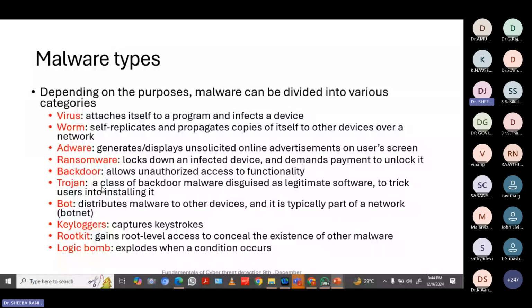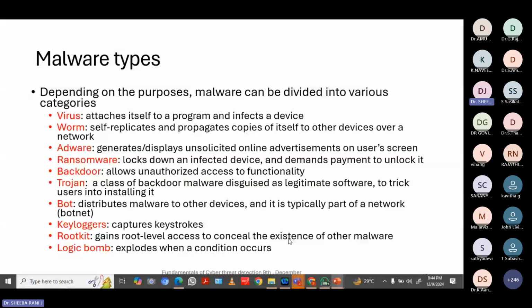A worm distributes malware to other devices and is typically part of a network. Here you see a worm also self-replicates and propagates copies of itself to other devices over a network. Keyloggers capture keystrokes, like biometrics also, to capture our passwords or whatever it is. Rootkit gains root-level access to conceal the existence of other malware. Logic bomb explodes when a condition occurs.